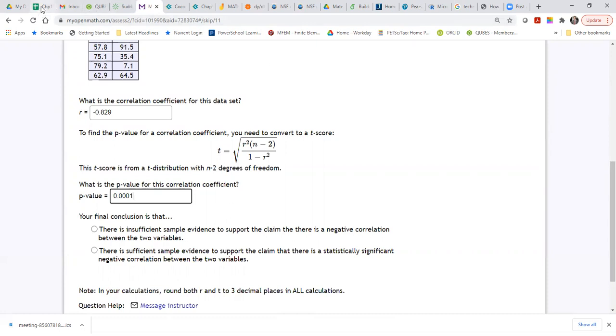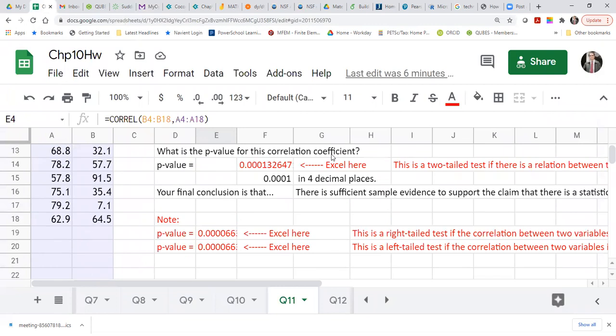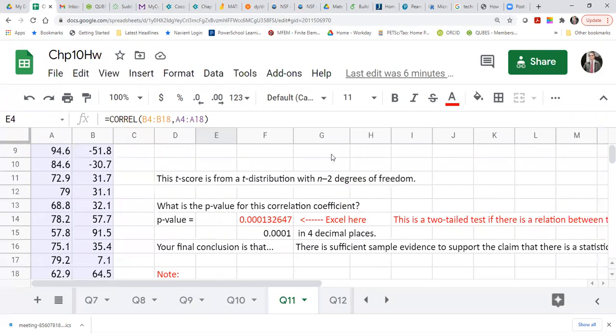Because the p-value is less than alpha, the answer is there is sufficient sample evidence to support the claim.